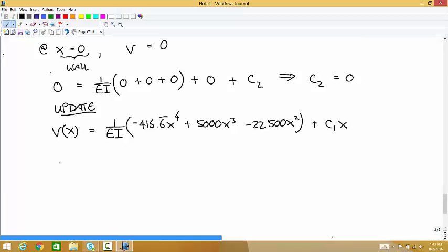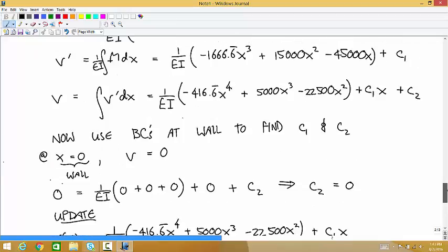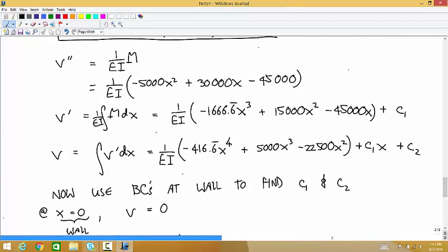And now we'll use the fact that at x equals 0, v prime is equal to 0. Well, we have an expression for v prime up here, that was before we integrated to come up with the function for the deflection.